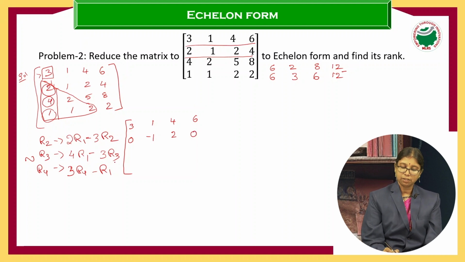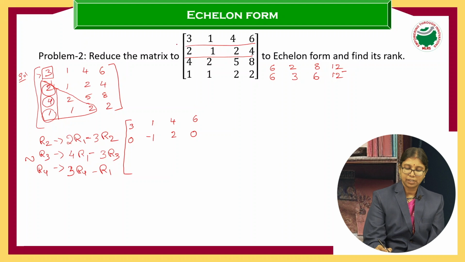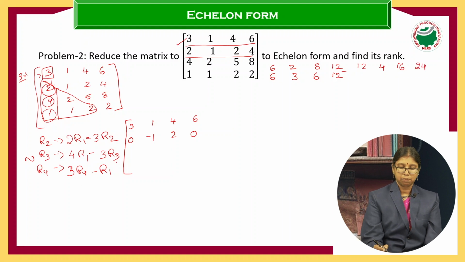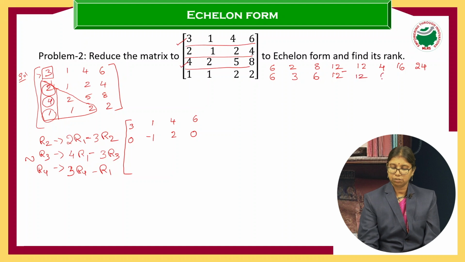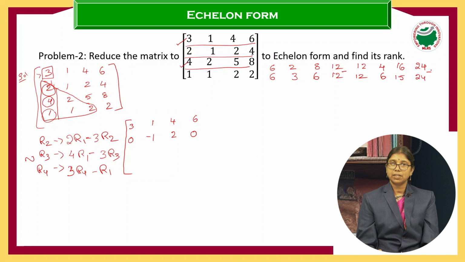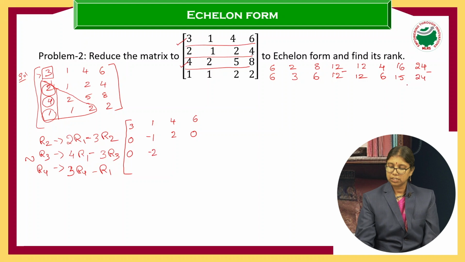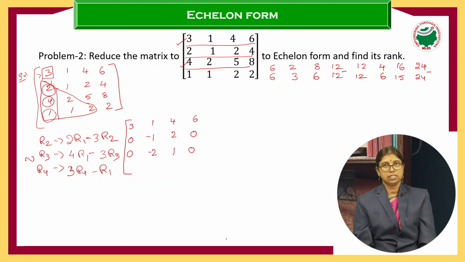Next, 4R1 minus 3R3. Now you multiply the first row with 4. 4 3s are 12, 4 1s are 4, 4 4s are 16, 4 6s are 24. And 3R3. Multiply the third row with 3. Then 3 4s are 12, 3 2s are 6, 3 5s are 15, 3 8s are 24. Again by subtracting, 12 minus 12, 0, 4 minus 6, minus 2, 16 minus 15, 1, 24 minus 24 is 0.